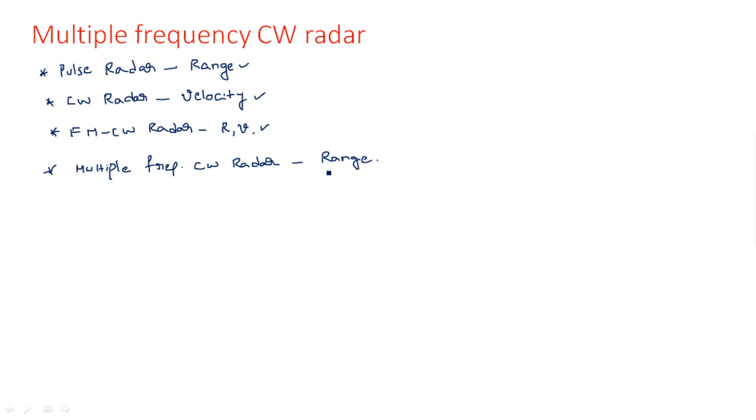Now instead of a single frequency, if we are using multiple frequencies, let us consider two frequencies from the same transmitting section, like F1 and F2. With such different frequencies, we can get the range parameter by taking the time gap between transmitted and received signals.